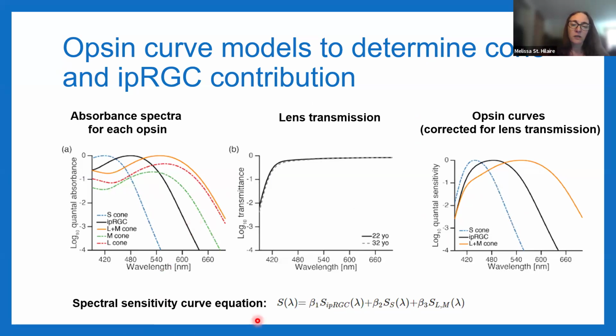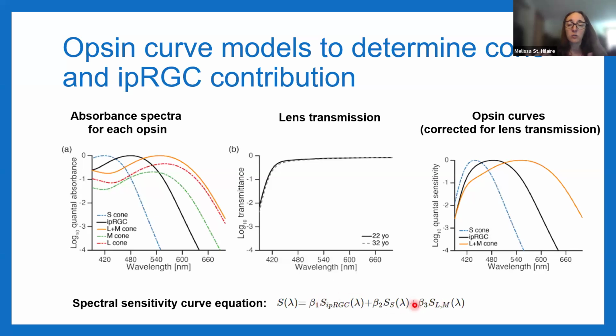The equation that we actually fit is down here below, and we fit different channels of models. So we fit a one-channel system where we basically look just at the IPRGCs, meaning that these coefficients for the S cones and the L plus M cones were set to 0.